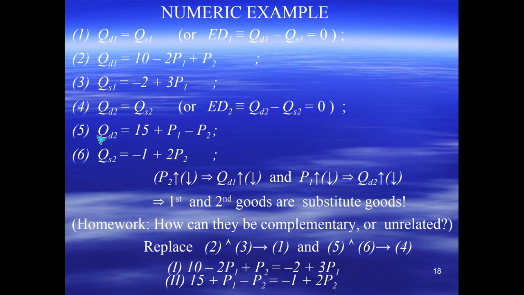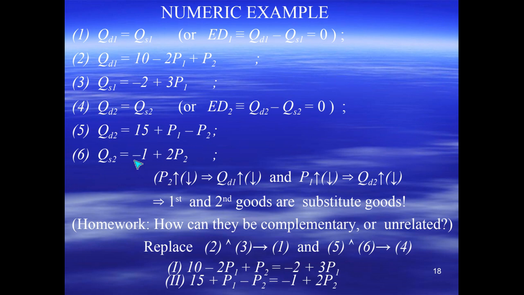So the fifth equation is the demand equation for the second good, and the sixth equation is the supply equation of the second good. The fifth equation is QD2 equals 15 plus P1 minus P2. Just note that both prices exist in the demand equation for the second good, so they are not unrelated.